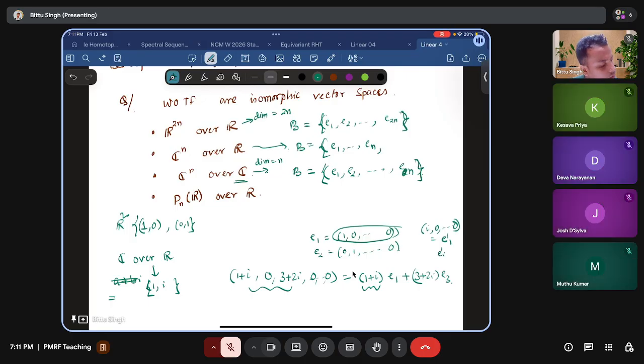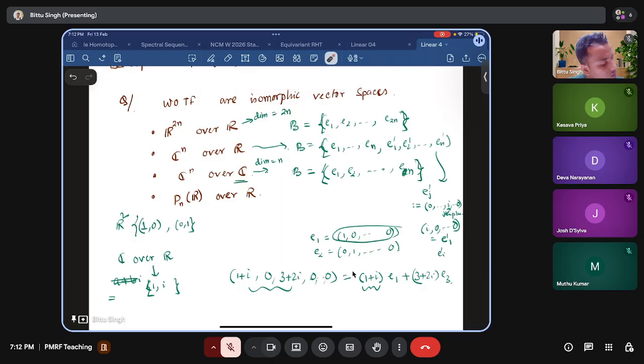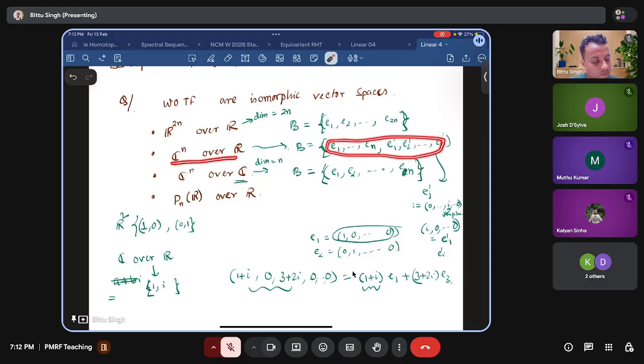So E1 up to En, and then E1 dash, E2 dash up to En dash, where Ej dash is defined by I at the jth place and 0 elsewhere. Now in this case you can see the basis contains 2n vectors. Therefore, the dimension of Cn over R will be 2n.